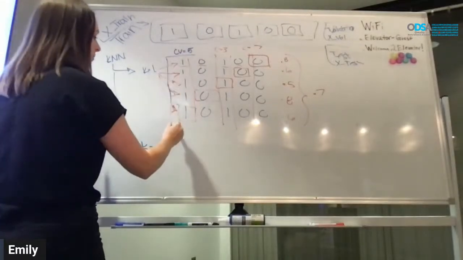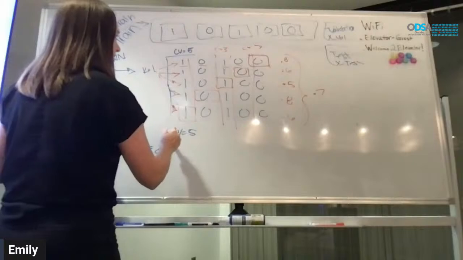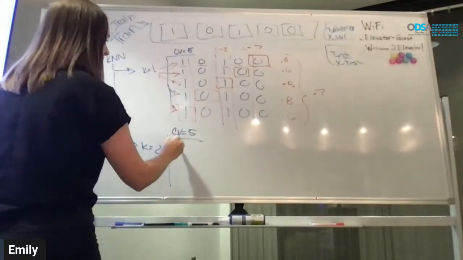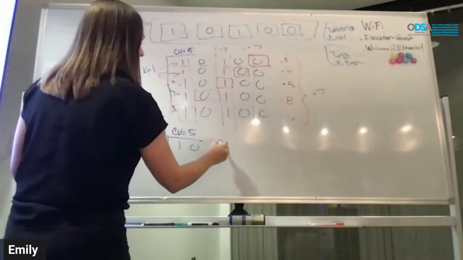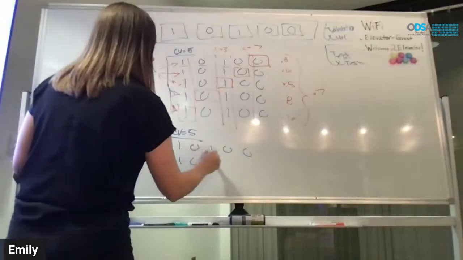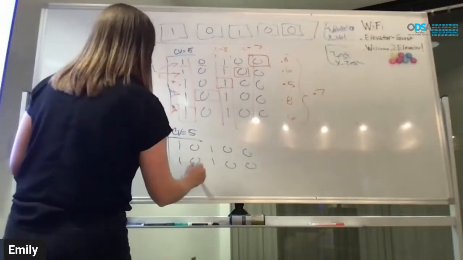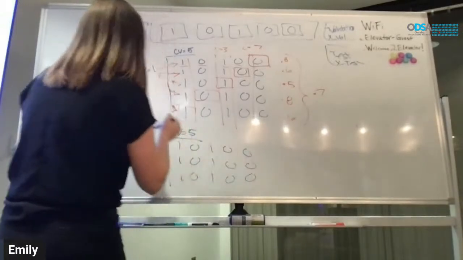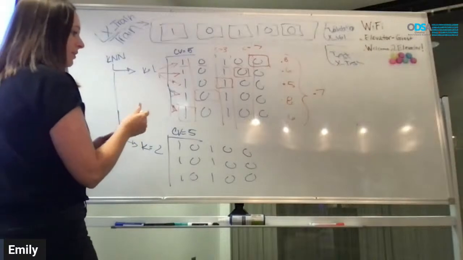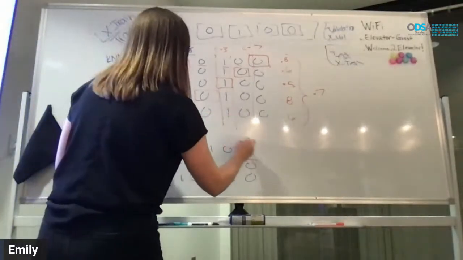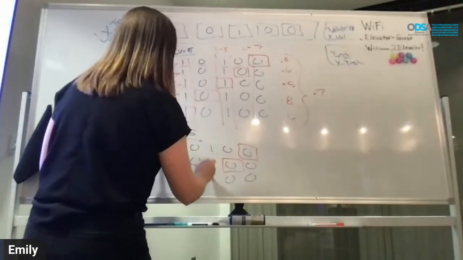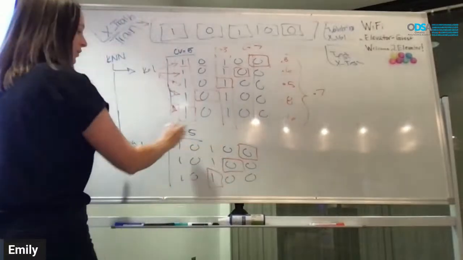So we would do the same thing. It would look exactly the same here. CV equals 5, and we have our 1, 0, 1, 0, 0. Again, we're going to make 5 copies of the data. It doesn't actually make 5 copies, but it's a useful way of thinking about it. And we're going to have our hidden test sets for each run.